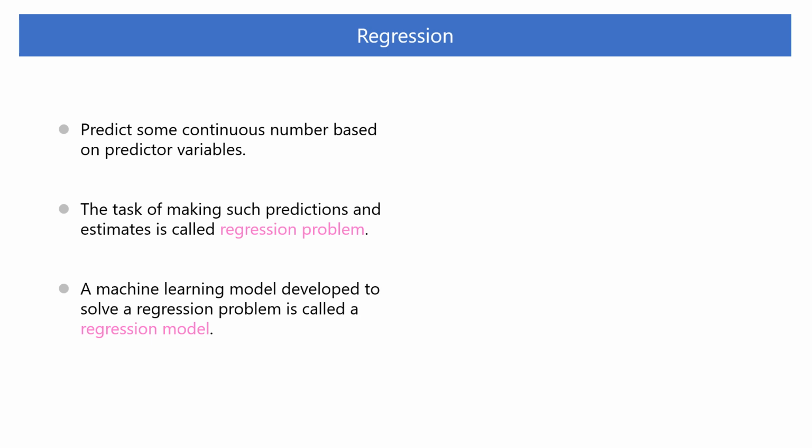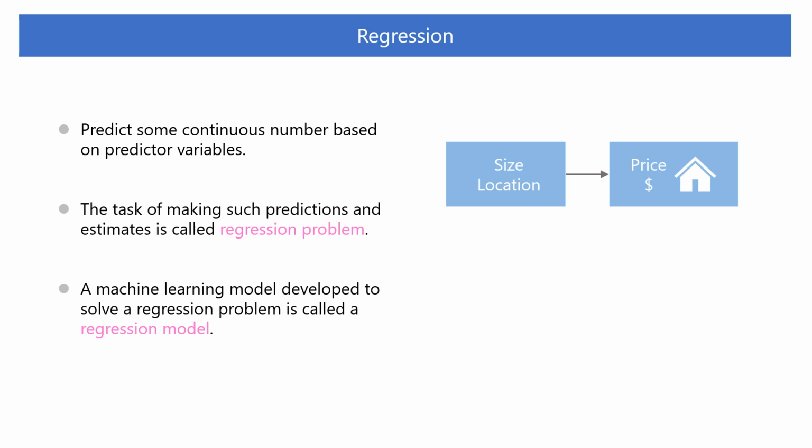Regression aims to predict some continuous numbers based on the data of predictor variables. The target variable can be a value within a specific range or any value. The task of making such predictions and estimates is called a regression problem. A machine learning model developed to solve a regression problem is called a regression model.